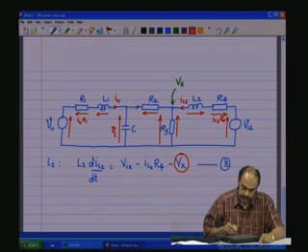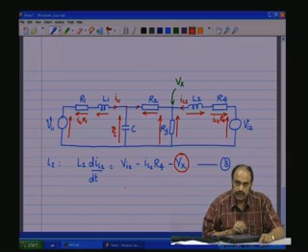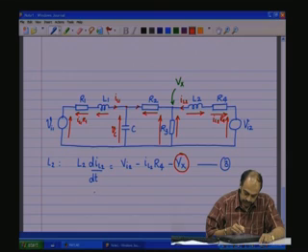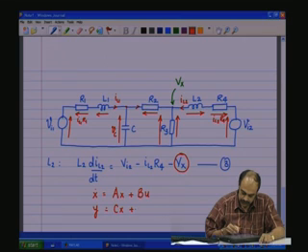Okay. Now, these equations 1, 2, 3 can now be put in the standard form of x dot equals Ax plus Bu, and y equals Cx plus Du.